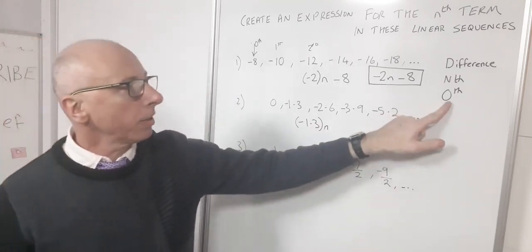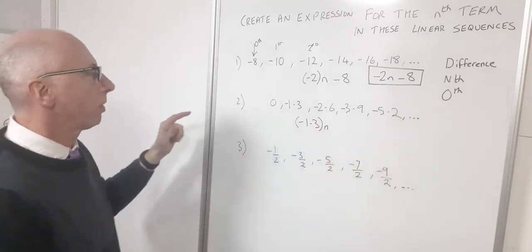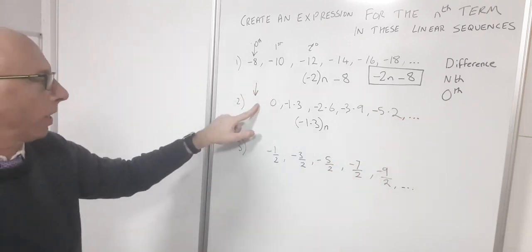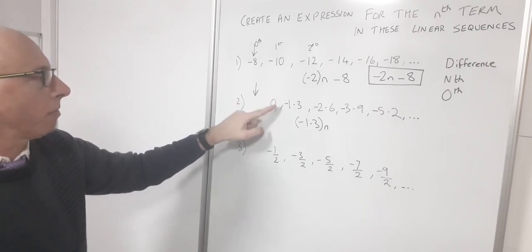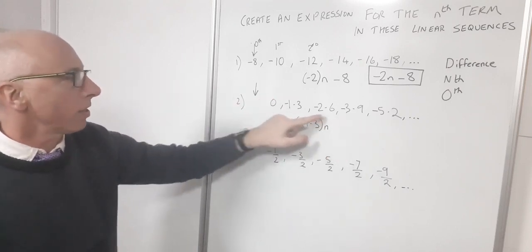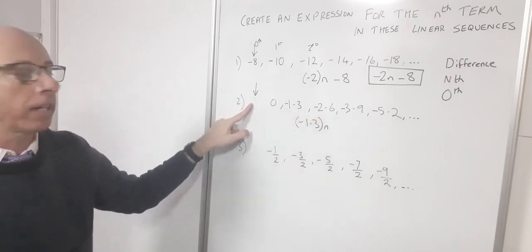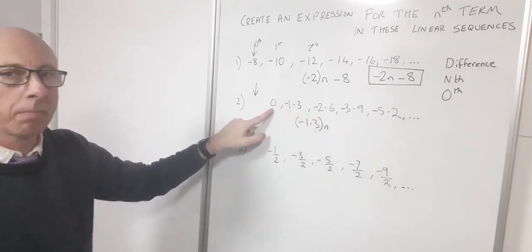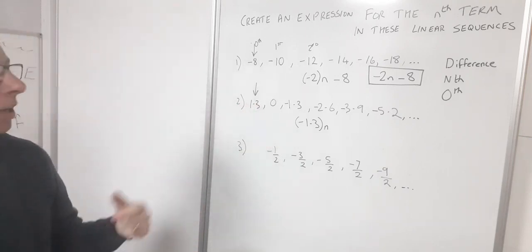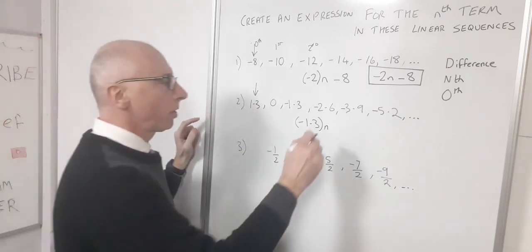And then the third part, to find the 0th term, I'm looking for a number I can plug in here. So this is my first term, and I'm reducing by 1.3 this time in this direction. So this direction I need to add 1.3. So 0 plus 1.3 is just going to give me 1.3. So then all I do now is add on this term, my 0th term.